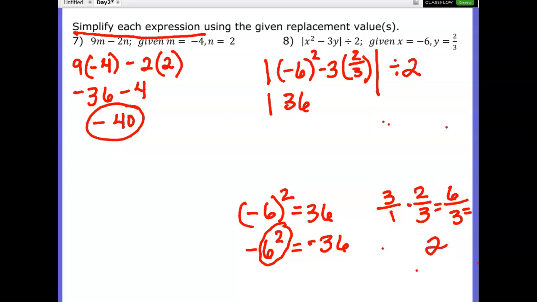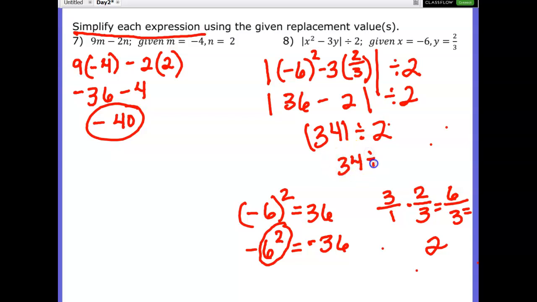So we end up with 36 minus 2, absolute value, divided by 2. 36 minus 2 is 34. Well, we know that the absolute value of 34 is just 34 because it's not negative. Remember, absolute values, if it was negative, we would have made it positive because it's a distance from 0 on the number line. So we end up with 34 divided by 2, and our final answer is 17 for number 8.